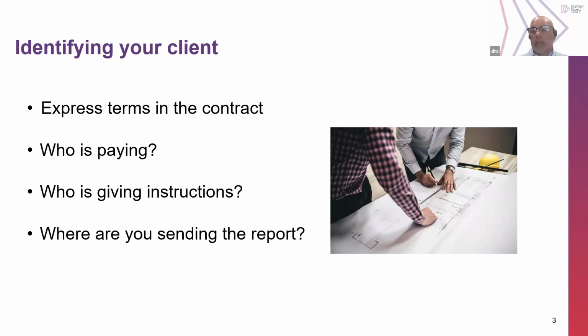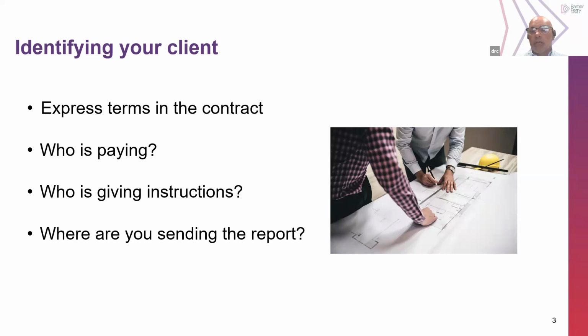Who's giving you instructions? The solicitor says, okay, I want you to come and do a pre-purchase inspection for this client of mine. But then you get phone calls from the client, and that suggests that the client is actually your client as well, because that's where you're getting instructions from. Let's assume the purchaser is going to be Mrs. Bloggs, but Mr. Bloggs is running the show, and he's the one giving you the instructions.